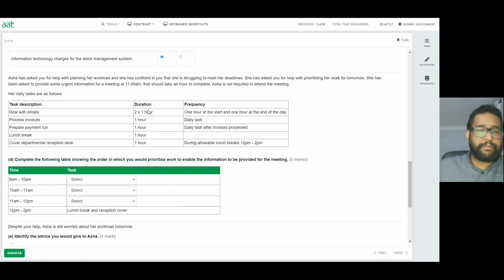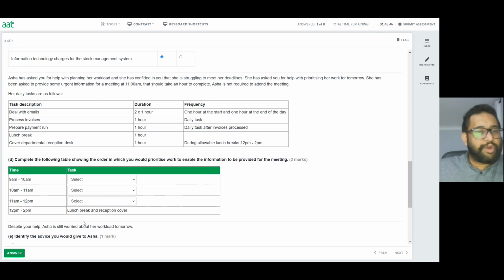So if you look at that here, 1 hour at the start of the day and 1 hour at the end of the day. So she probably will have to do something early in the day.